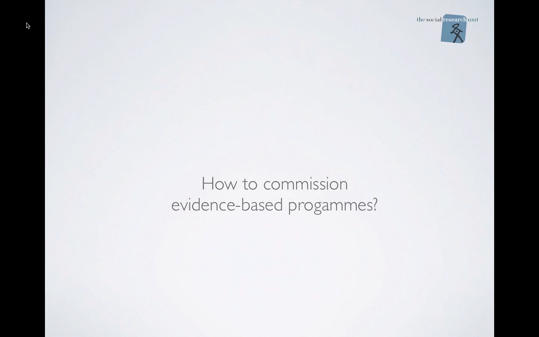Different aspects of commissioning and innovative ways of financing as part of it have become particularly important in the context of limited resources. Take the Troubled Families initiative, which seeks to turn around the lives of the country's 120,000 most troubled families by 2015.